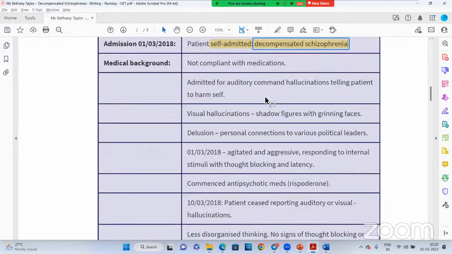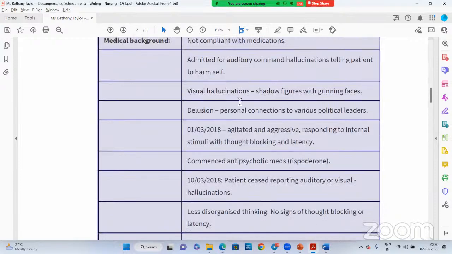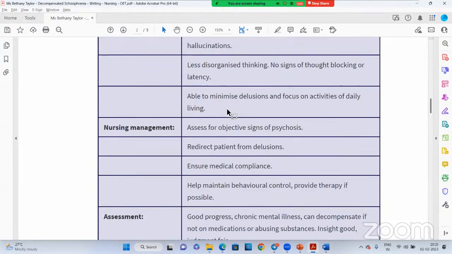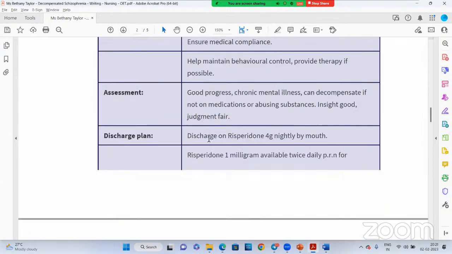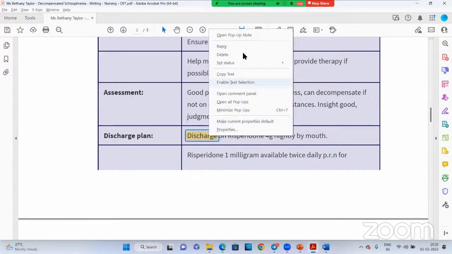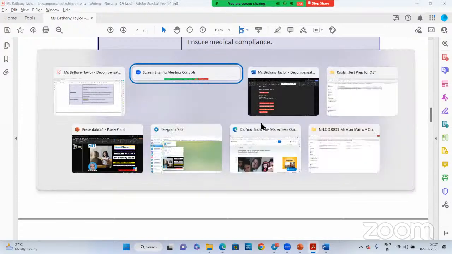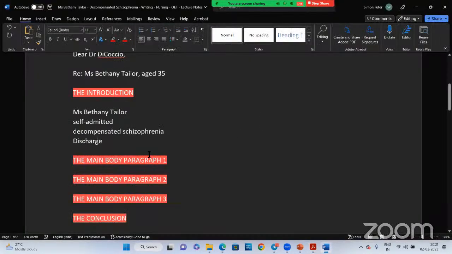At the time of admission, it was an emergency. Now it is not an emergency anymore. Now what is happening? Discharge. So it is a discharge letter. So this word also should come: discharged.